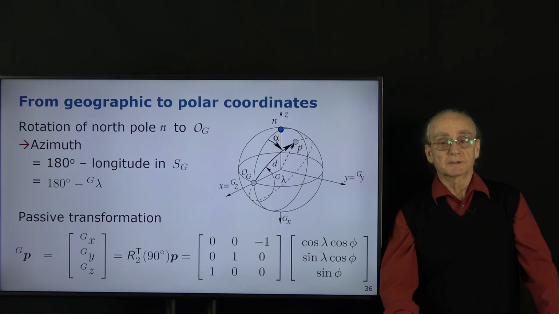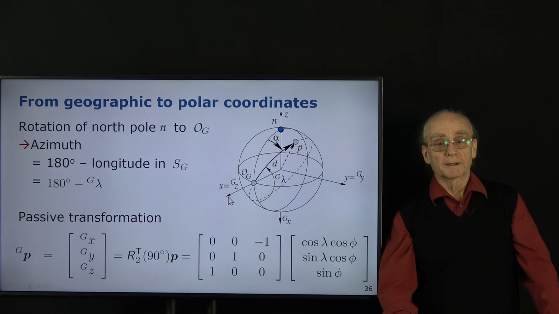So what we do is rotate the coordinate system such that the North Pole moves into this point, and then we argue with the geographic coordinates in this new system. So the z-axis moves here, the x-axis moves here, and the y-axis stays.